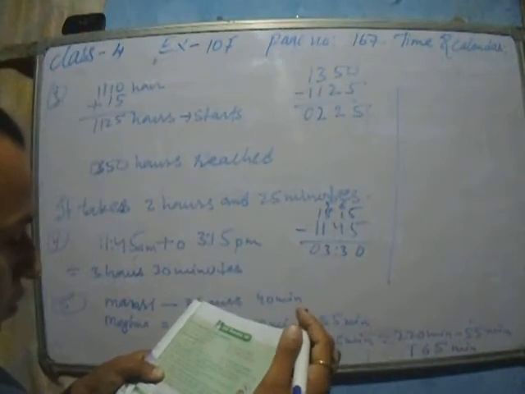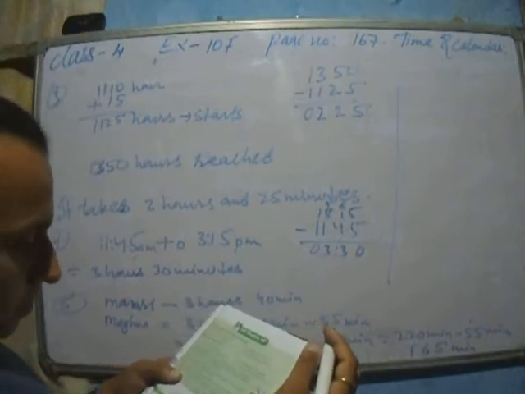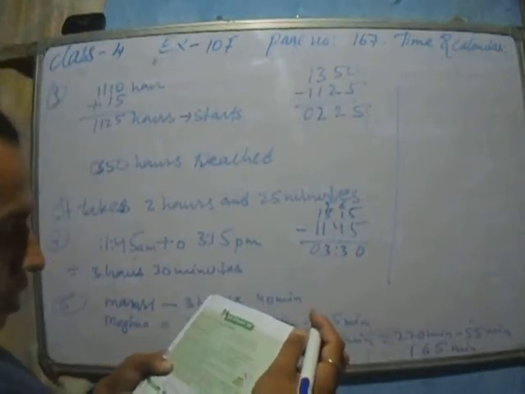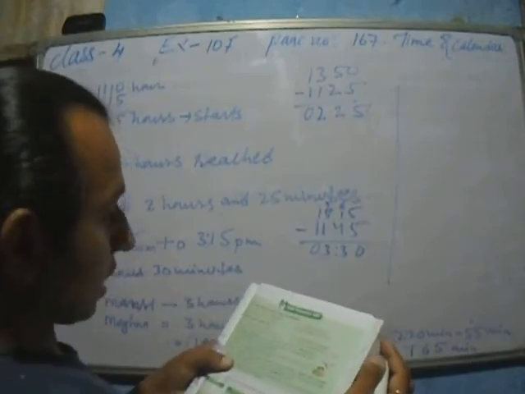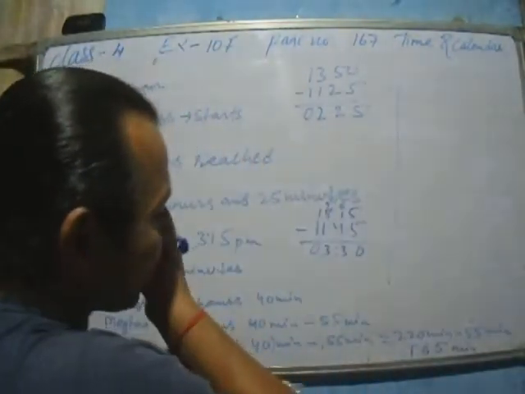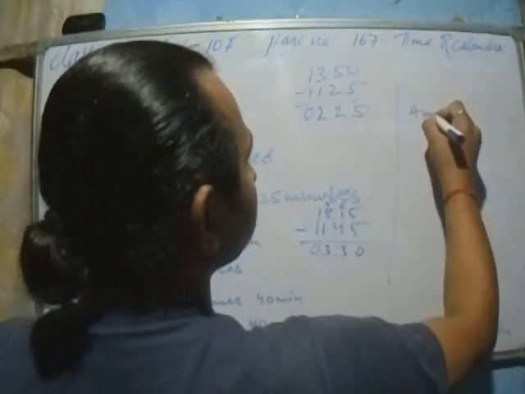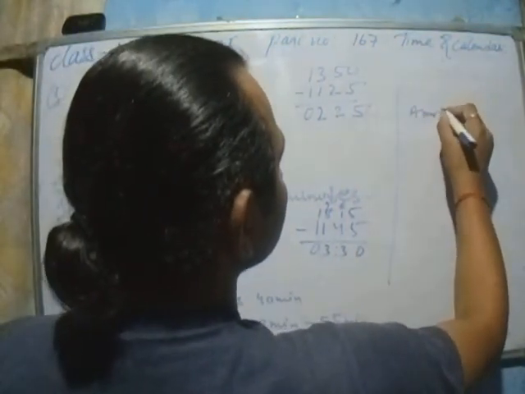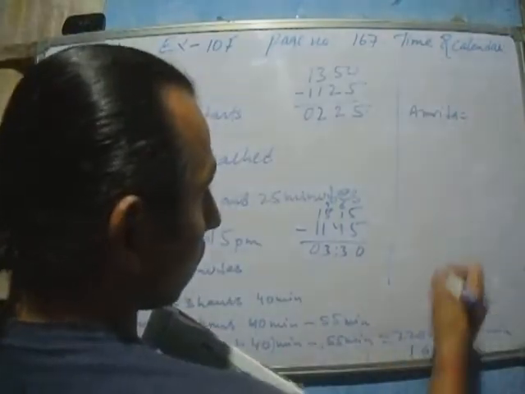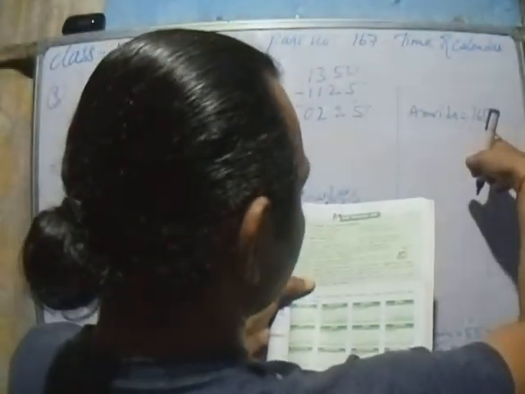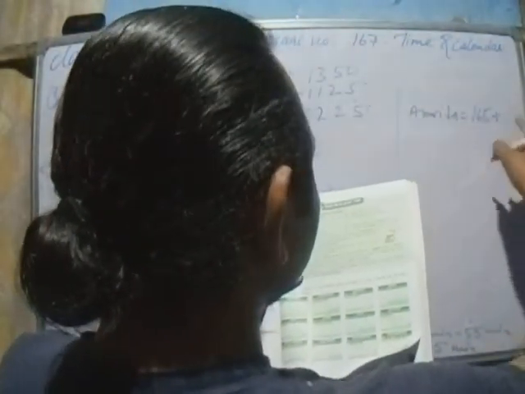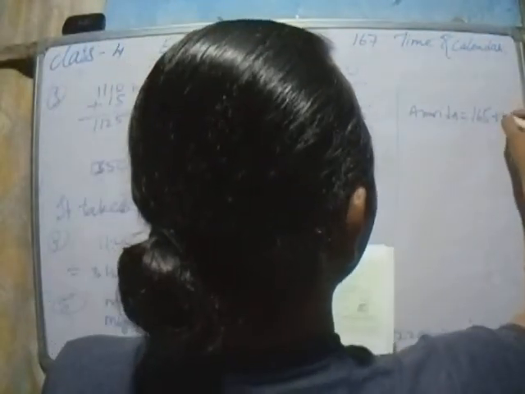Now third one, who is here? Amrita, okay? Amrita took 1 hour 35 minutes more than Meghna. So here Amrita is equal to 165 plus, it is said more than, okay? So 165 minutes plus 1 hour 35 minutes.